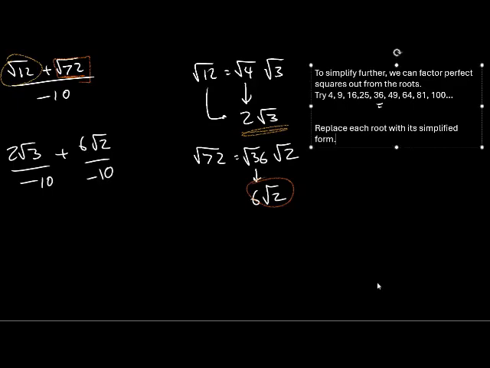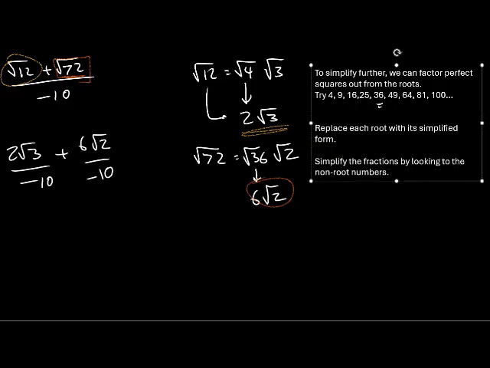Now we'll just divide the non-rooted numbers and simplify the fractions down. If we look at the first fraction, 2 over negative 10, and we're just looking at the non-rooted numbers, 2/10 can be simplified down to 1/5, but that negative in the bottom will change this to negative 1/5.